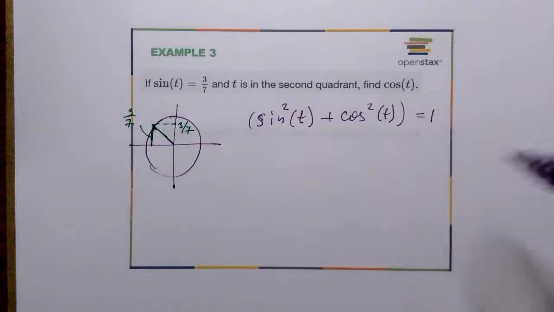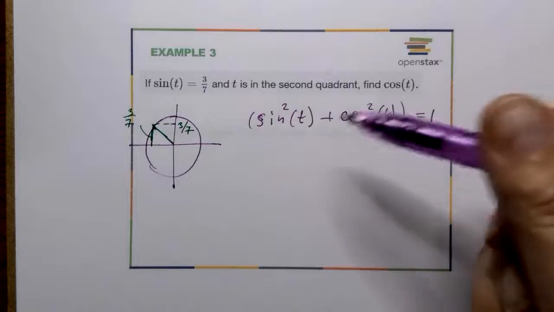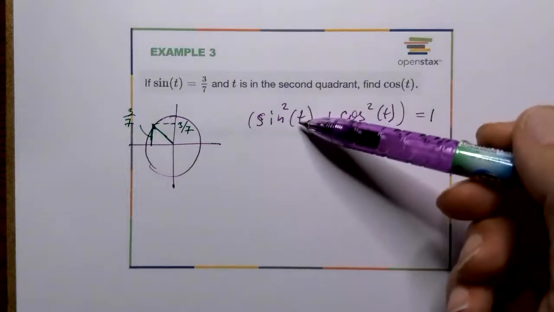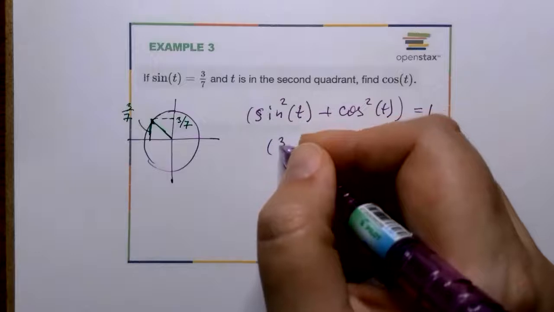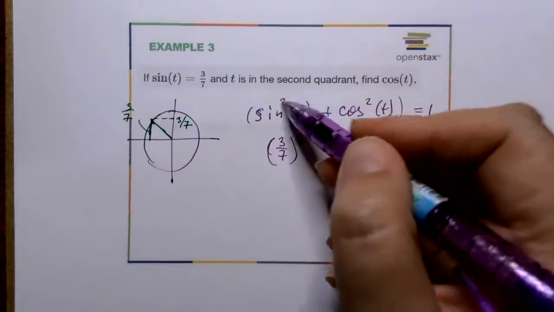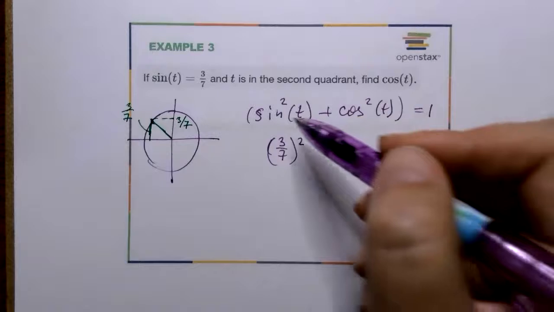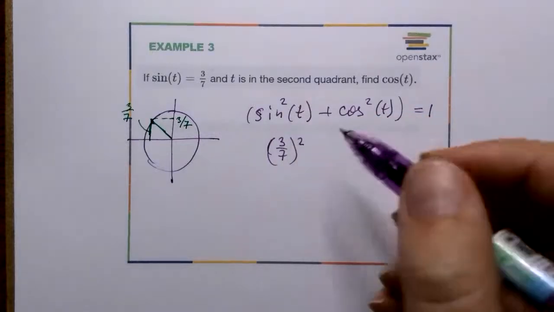So now I'm going to basically plug in the values that I know. I know the value of sine is 3/7, and I'm going to square it, because this says whatever value of sine is, square it, okay?